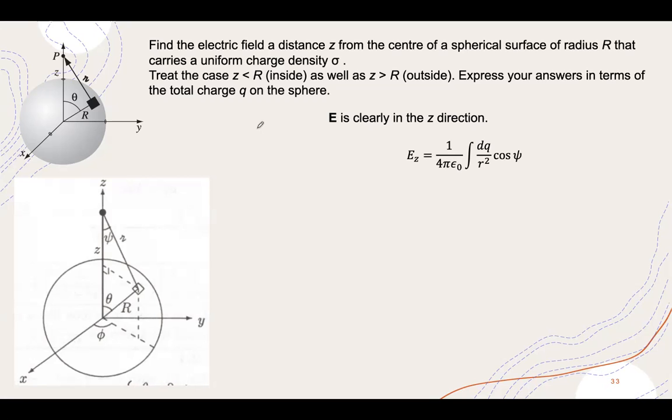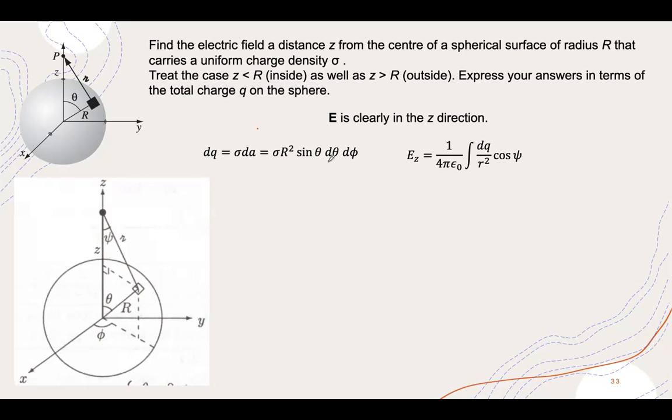Okay, so what do we have to do? First of all, dq. We derived this dq in a previous disk. We found that dA is nothing but 2 pi r times dr. Okay, but here this is now a spherical polar coordinate. So spherically, the surface area is going to give you r squared sine theta d theta d phi.